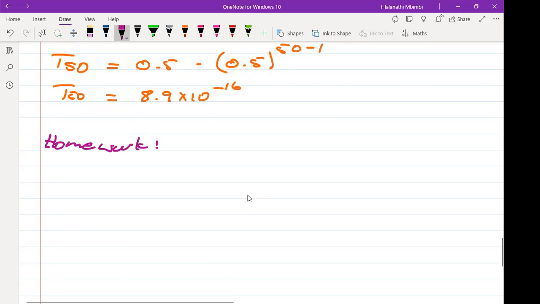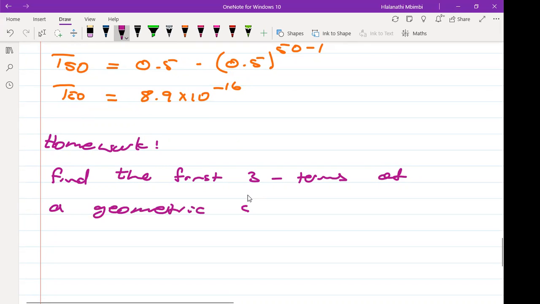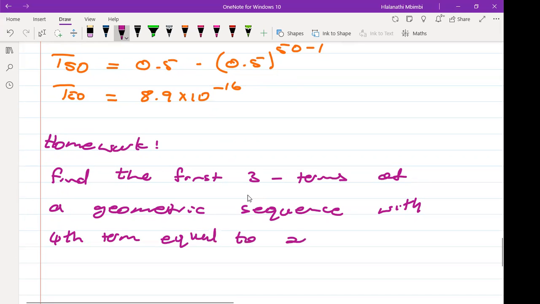Find the first 3 terms of a geometric sequence with the 4th term equal to 28 and the 8th term equal to 448.